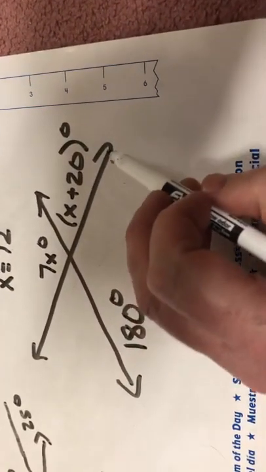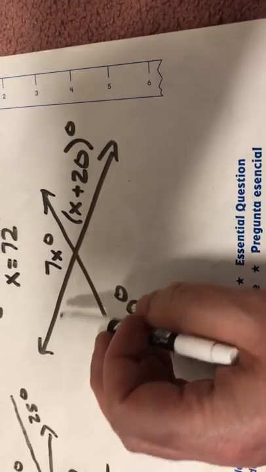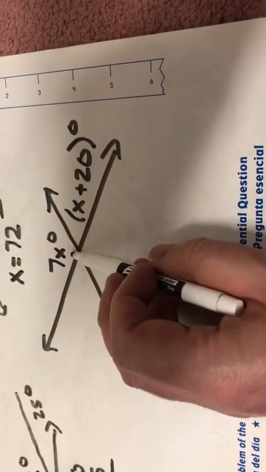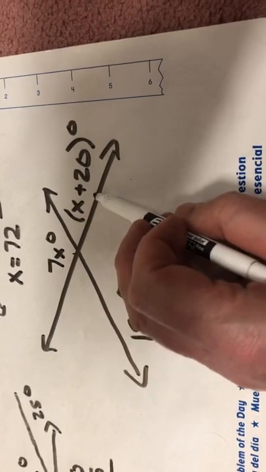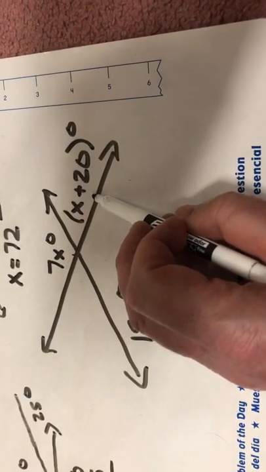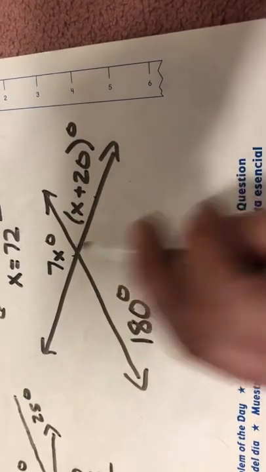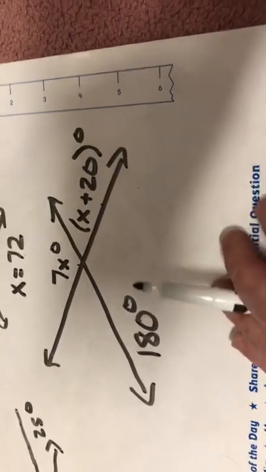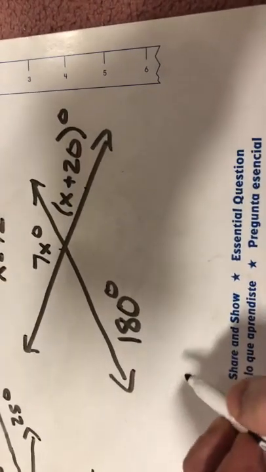So when I look at this problem, I see that here I have a straight angle, which means that this angle here, which is 7x, and this angle here, which is x plus 20, combined have to equal 180. So I use my prior knowledge of making an equation.